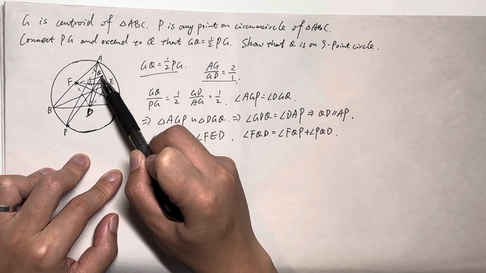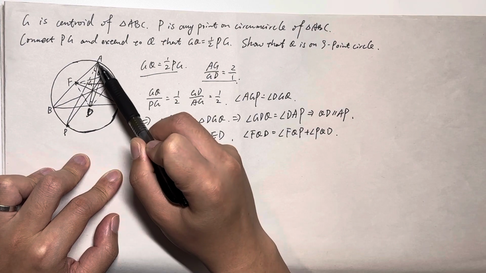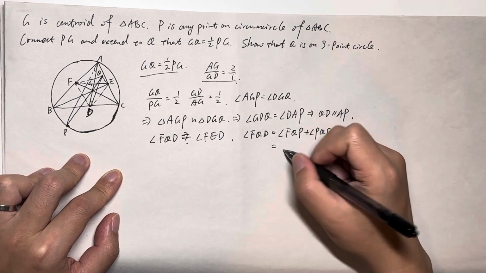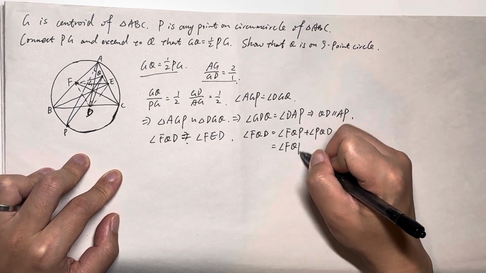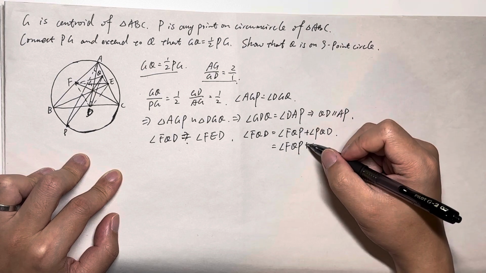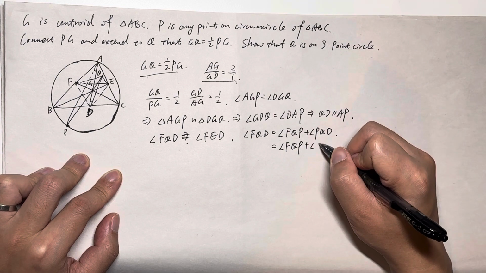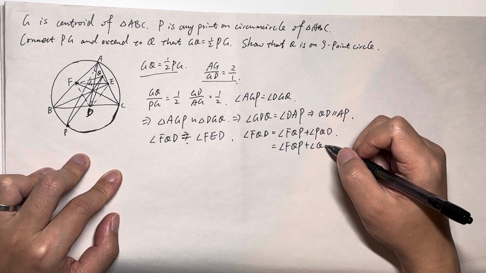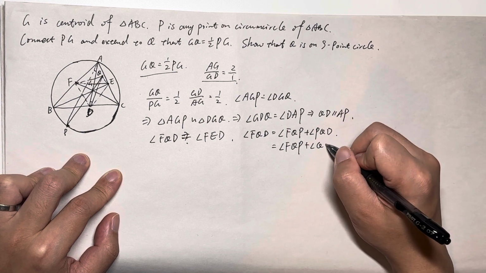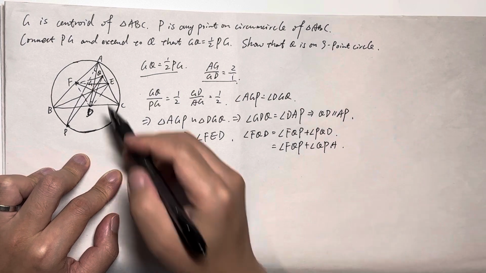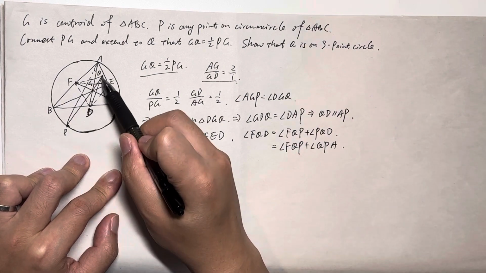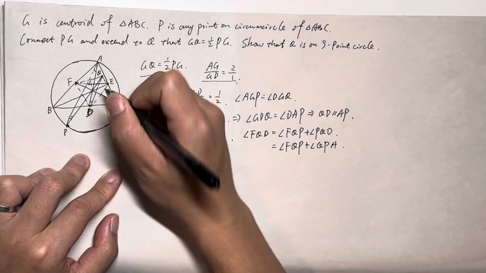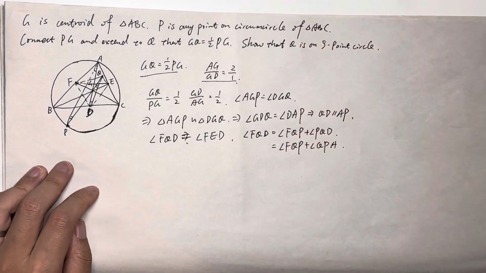And PQD equals angle APQ, right? So I can write QPA, it's the same thing. So PQD equals APQ. So let's just mark it here.